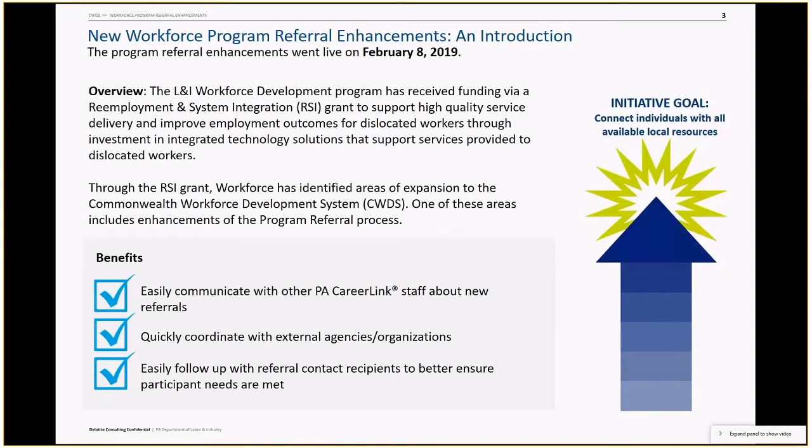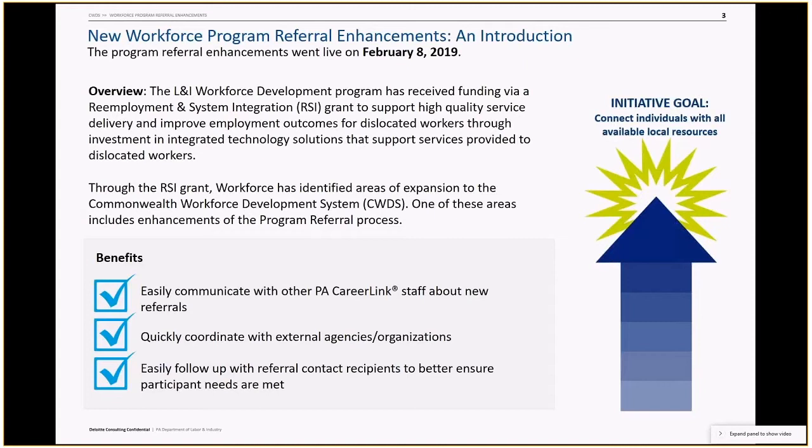The third one is the reason that we're here today, a new and improved workforce program referral system. And then the 4th area that we're looking at for the RSI grant is to revamp, redo, and improve the ad hoc reporting environment. So those are the 4 areas of focus for the RSI grant.